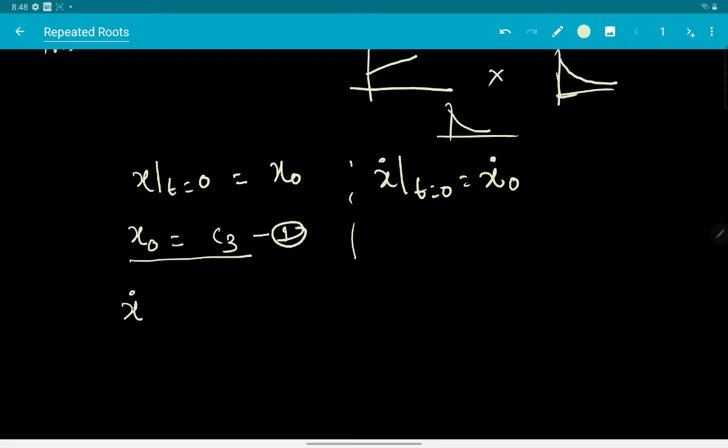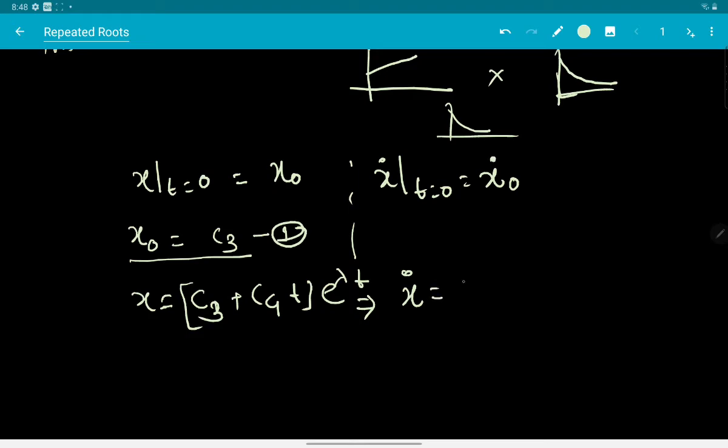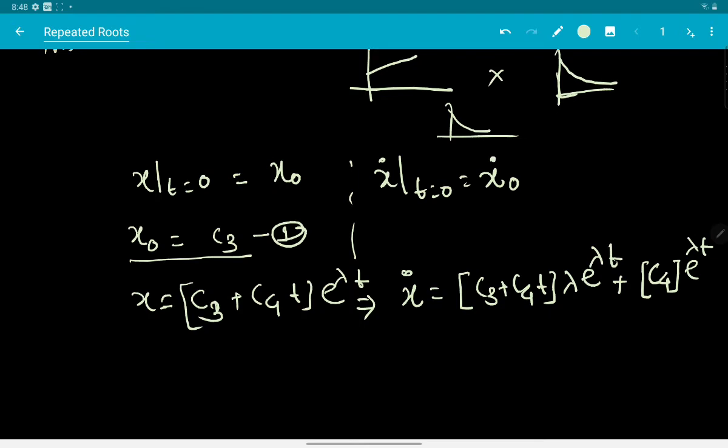We know that x is c3 plus c4t times e raised to lambda t, which essentially means that x dot is equal to c3 plus c4t lambda e raised to lambda t plus c4 e raised to lambda t. Right? What I've done is I've considered this constant, differentiated this with respect to time, then considered this constant and differentiated this with respect to time.